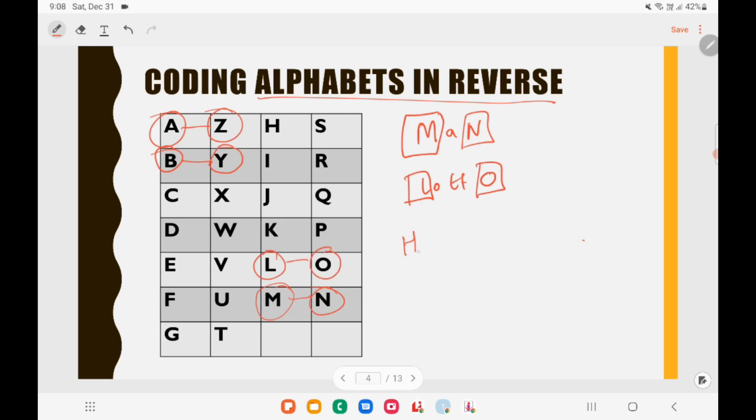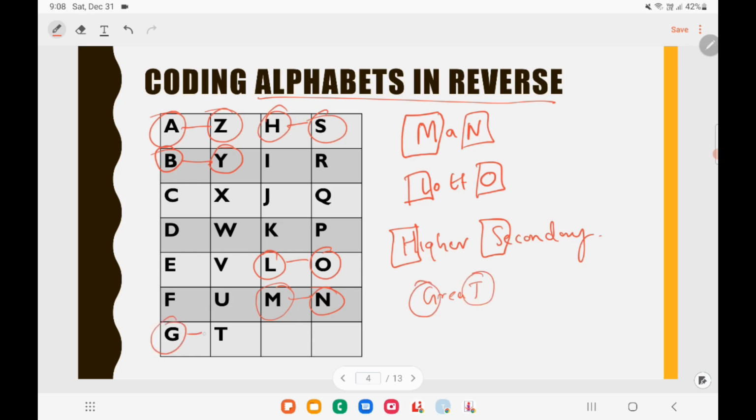If you can remember the word higher secondary, okay, then H is coded with S, right? Now, if you can remember the word great, G is coded with T. So in this way, you can form your own words and remember.